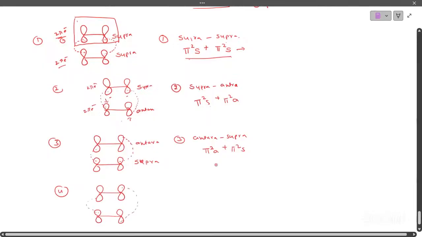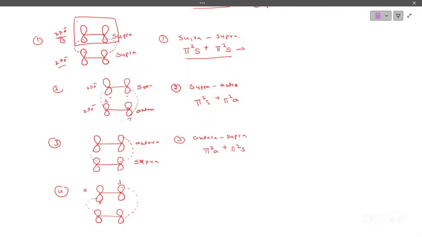Now look in here, hide the first one, second one. Compare the overlapping lobes, this lobe and this lobe. These two lobes are participating in the interaction with the second phi system. How are these two lobes located in the first phi system? Opposite. Therefore, this is antara.